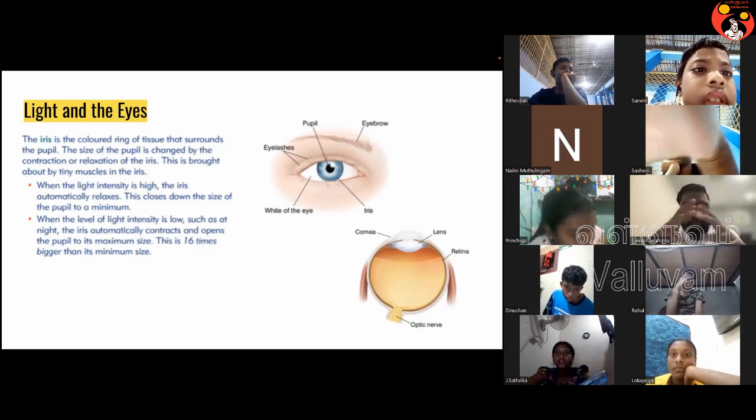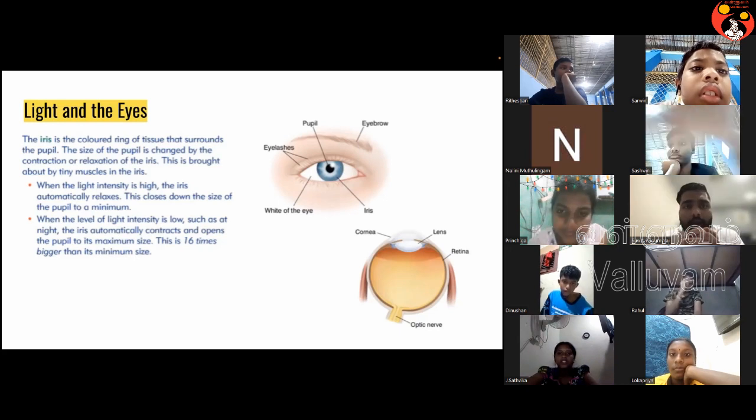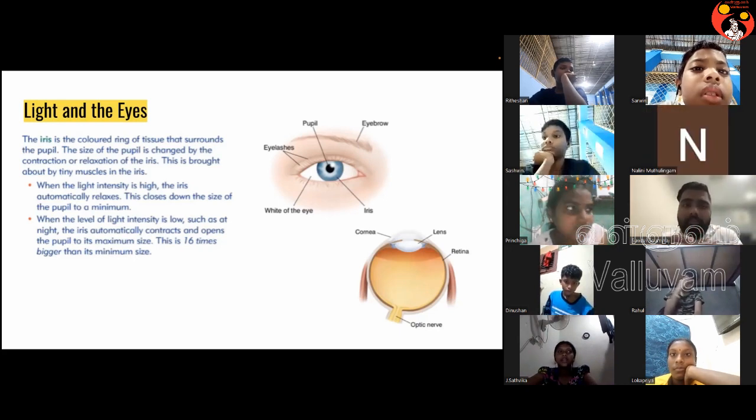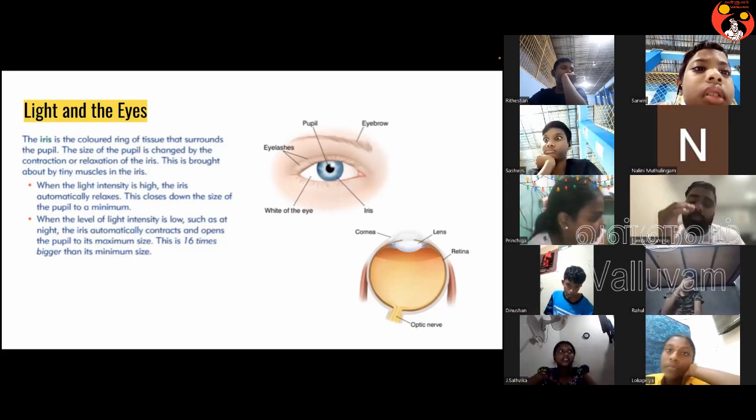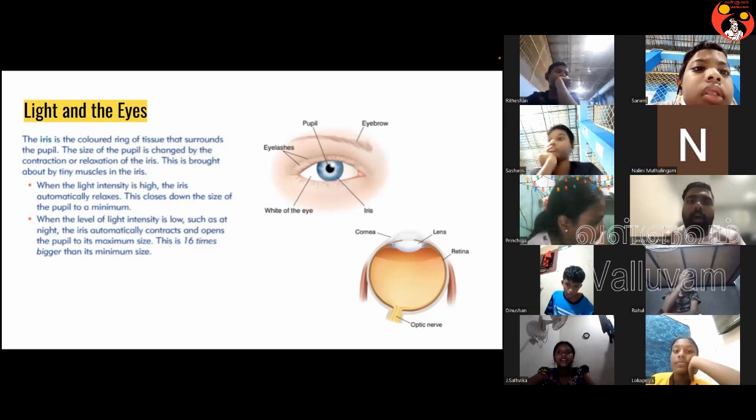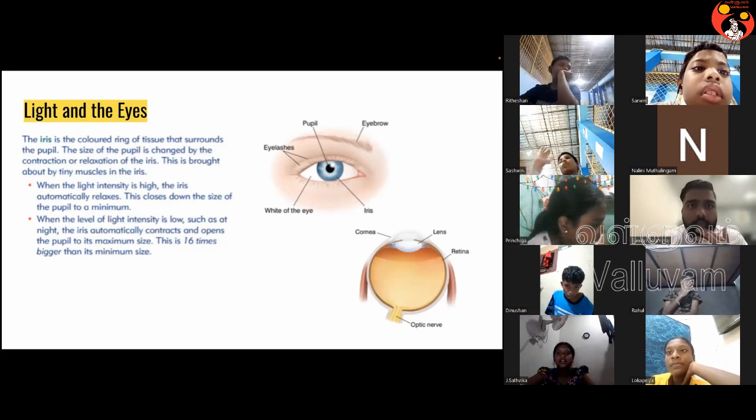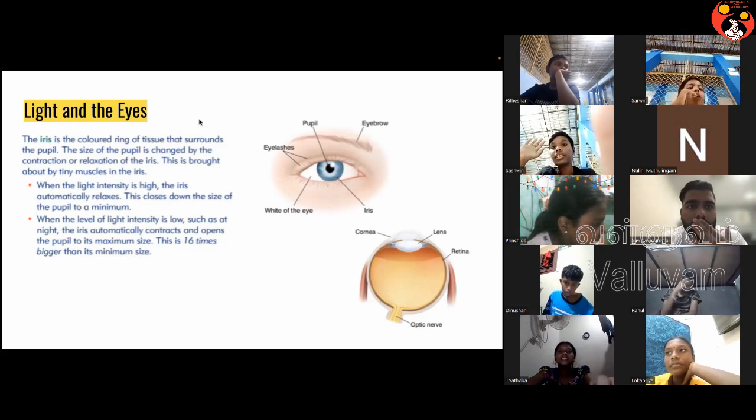The blue part is there to change the size of the black part depending on the strength of the light around us. Yeah? Okay, sir. I understand now.